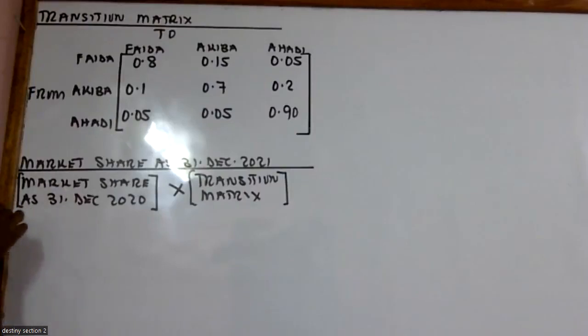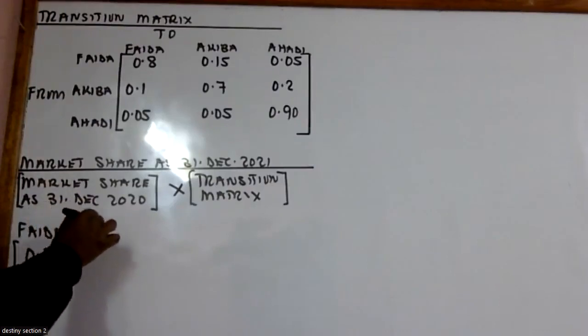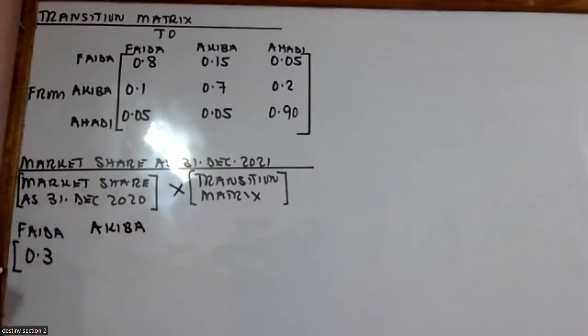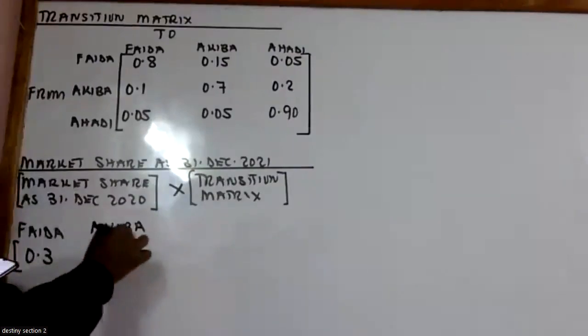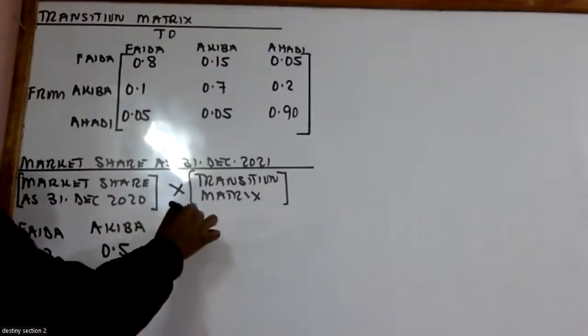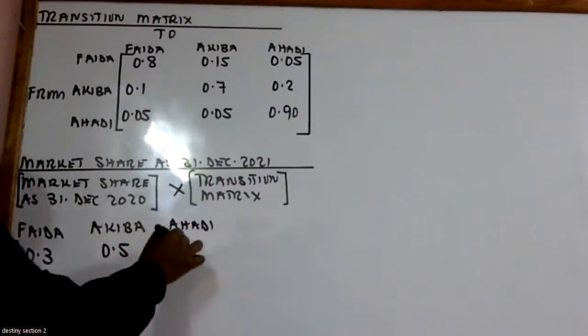So in this one, we have Faida here. In 2020, we are told it had 30%. You can either work with 0.3 or 30%, whichever you prefer, although I prefer decimals. Akiba is controlling 50%, and Ahadi is controlling obviously now 20%.